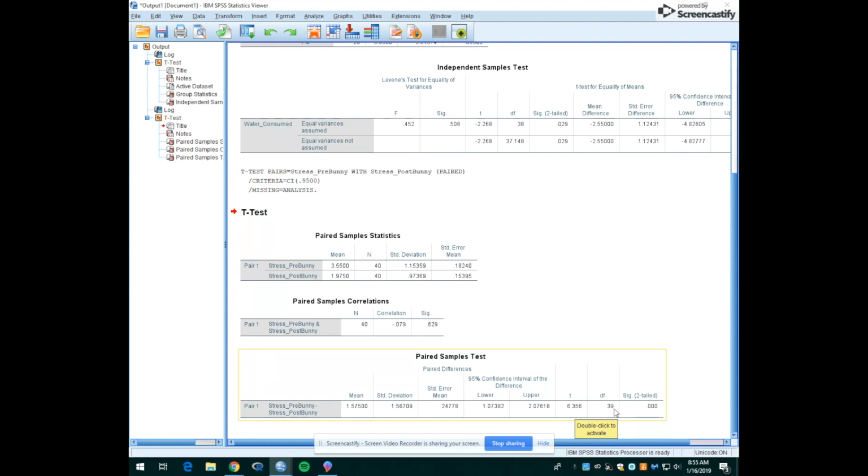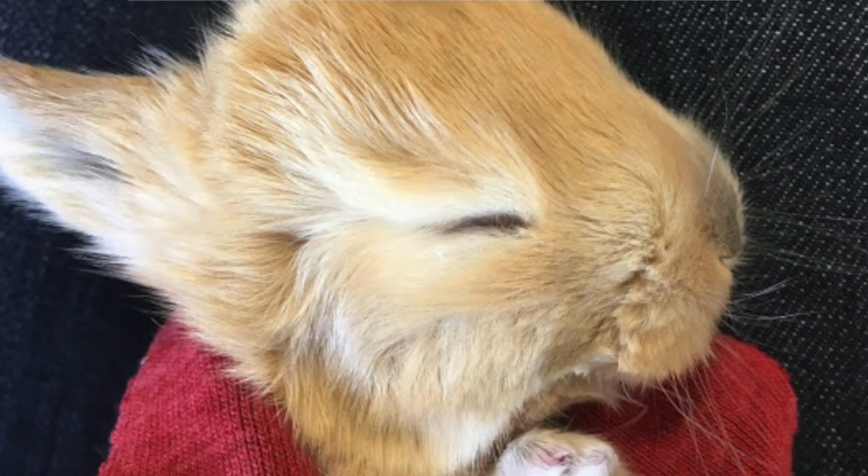Degrees of freedom are here, which is 39. And the significance is 0.000, which is less than 0.05. So you can say that the difference between the 1.98 and the 3.55 is significantly different. And because this is lower afterwards, you can say that students were significantly less stressed after being around the baby bunnies, which makes a lot of sense, right?